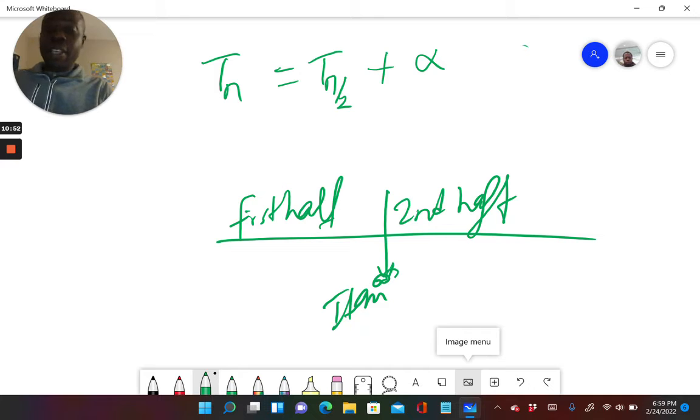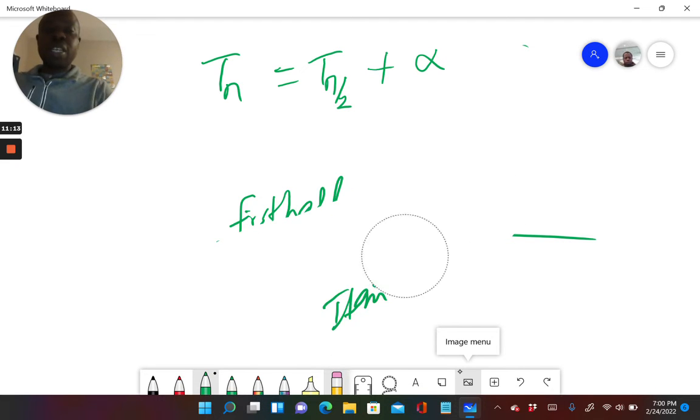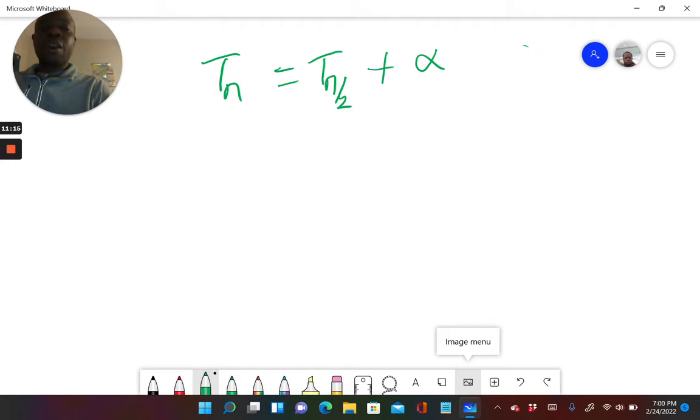If your midpoint is less than your item, you move to the right. If the midpoint is greater than your item, you move to the left. So it's faster. That is the reason for T(n) = T(n/2) + alpha. That is the recurrence relation that describes the operation.